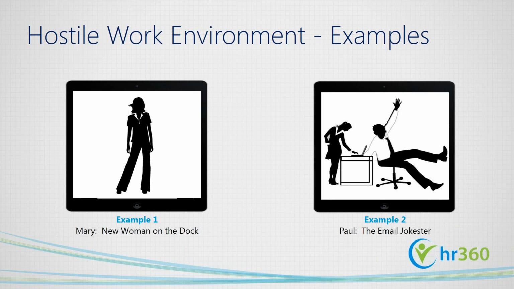In example two, Paul has a reputation as the office jokester. He's a comedian. He regularly sends funny emails via the company intranet to a list of his colleagues. In recent weeks, he has begun forwarding jokes of a sexual nature. These communications make Jennifer, a worker who reports to Paul, uncomfortable. When she says something, Paul tells her, you have to lighten up and be part of the team.